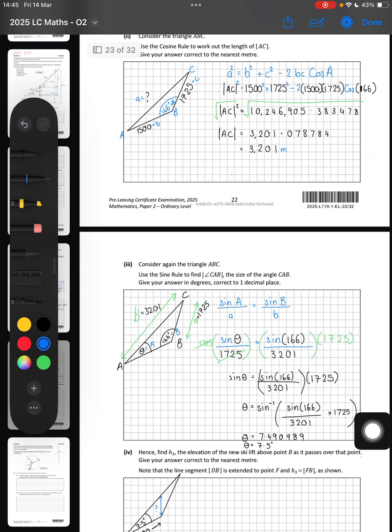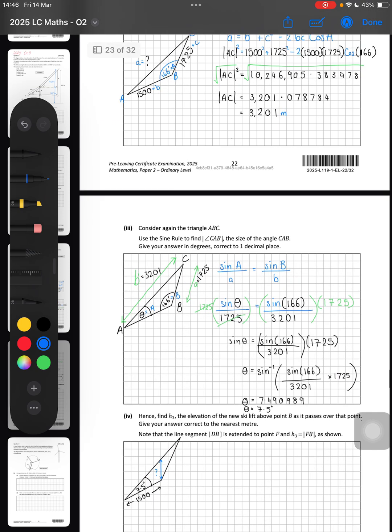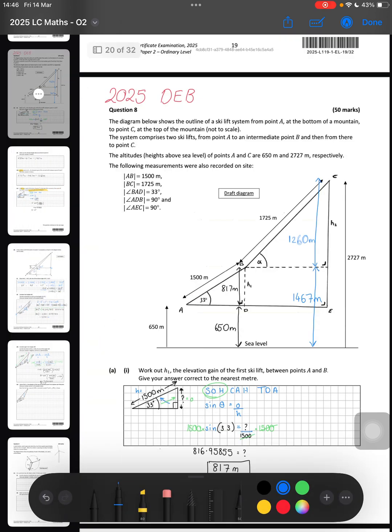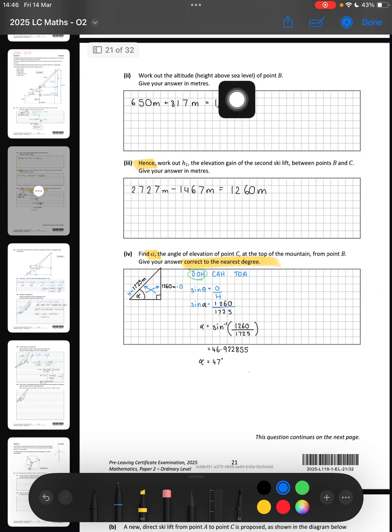Okay, so go back up to where that triangle is. Actually, do you know what I'll do? There we go. Where this triangle was, did I have any other information? No. I'll scan through the other pages.